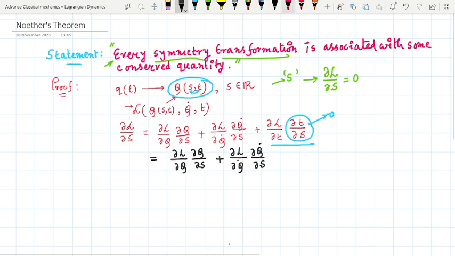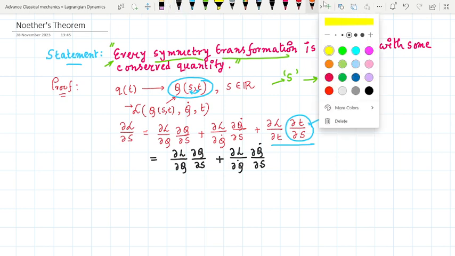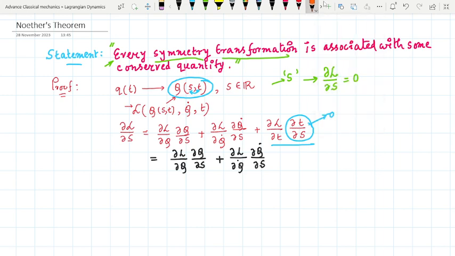Now, from the Euler-Lagrange equation, we have discovered that the Lagrange equation can be represented as d dt of del L del Q dot minus del L del Q is 0 for a conservative system.